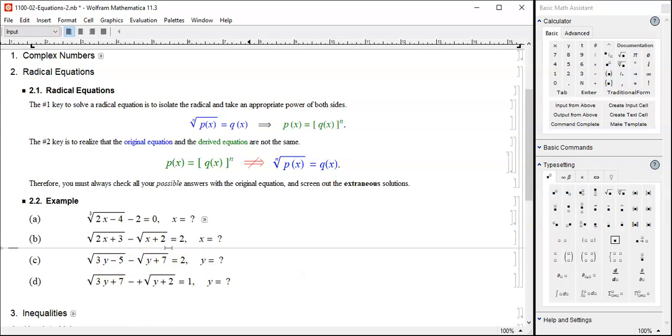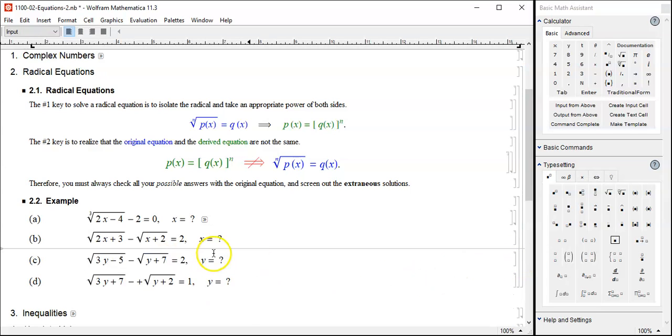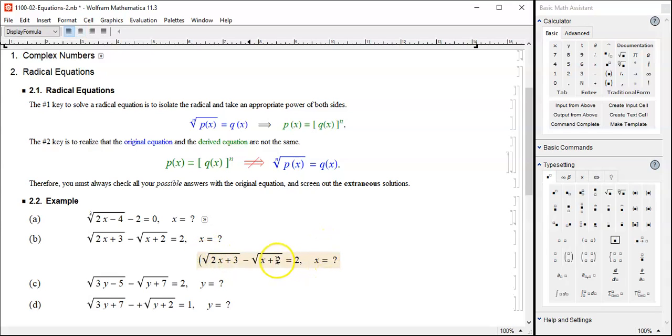Okay, here we go. If you take square of left hand side, do you get this? Excuse me, I didn't want to copy entire problem. Okay, let's take square.